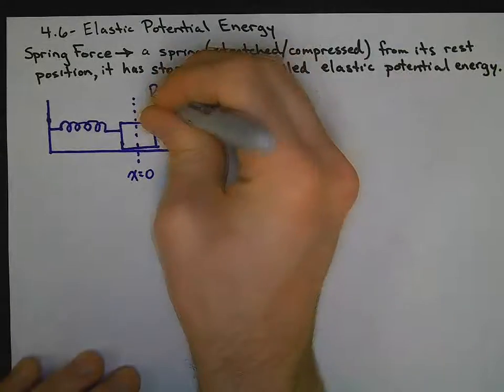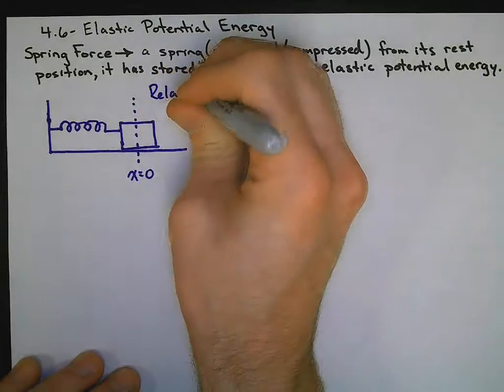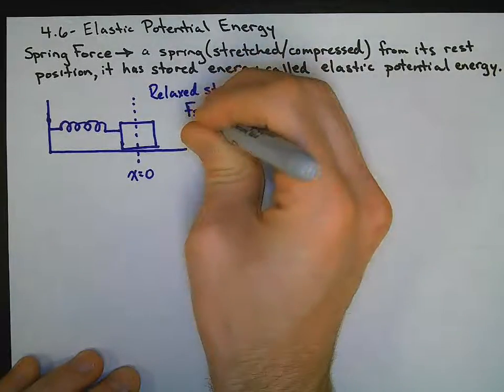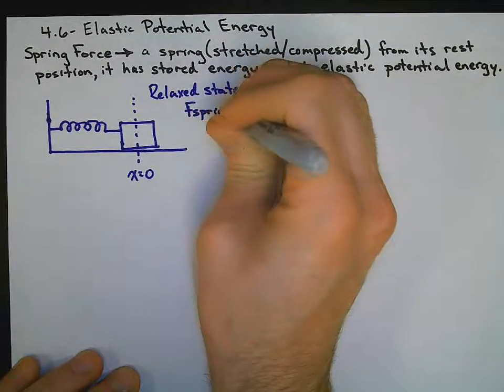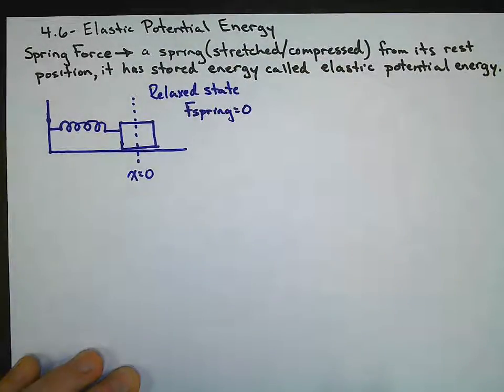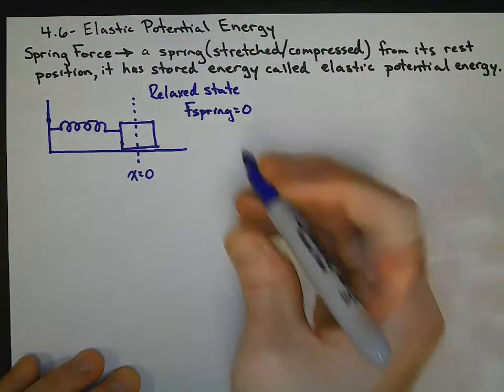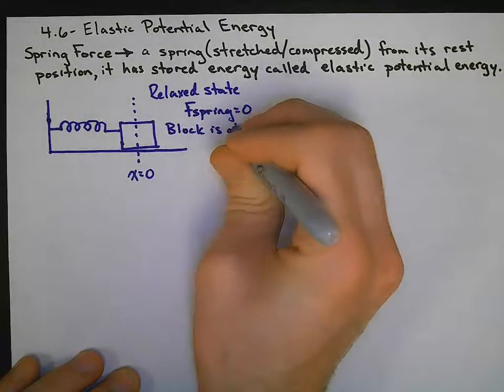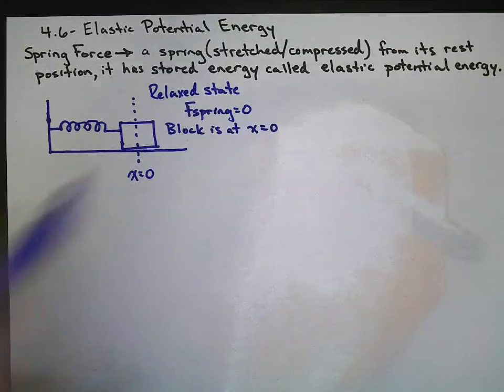This is a relaxed state for the spring. So that means that my force of the spring would be equal to 0 newtons, and that is because the block, in this case, is at x equals 0.